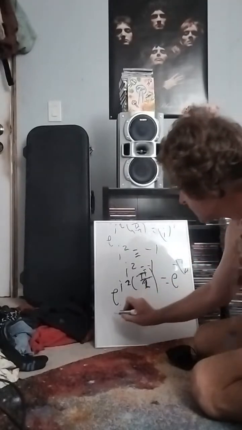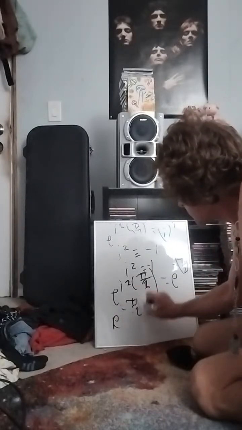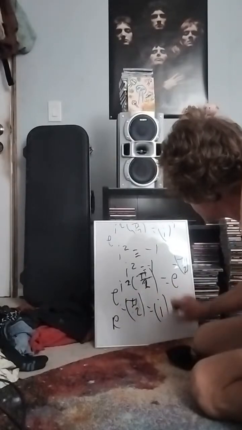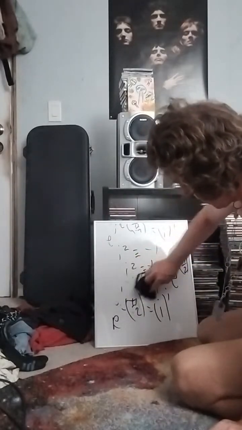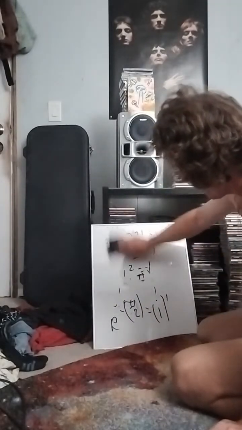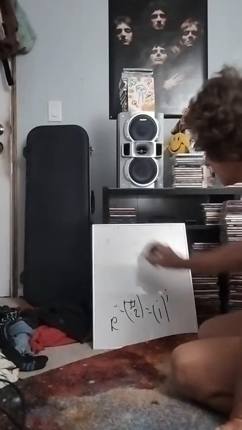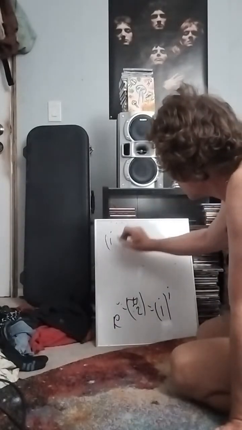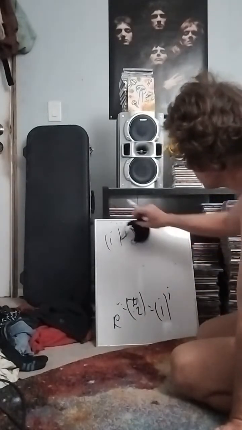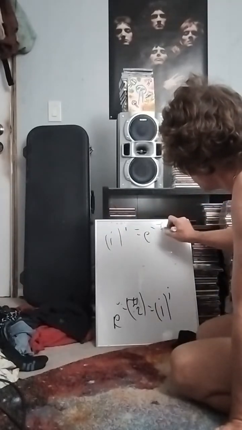But that means e to the minus pi over 2 equals i to the i. I'm almost done with this lesson. Reversing that equation left to right, I have i to the i equals e to the minus pi over 2.